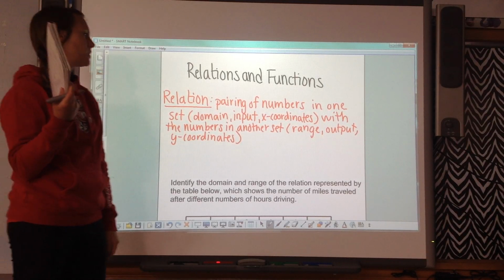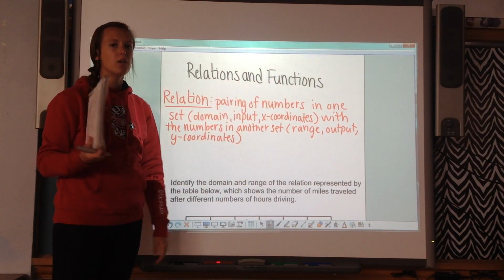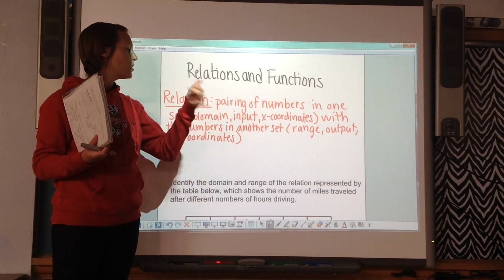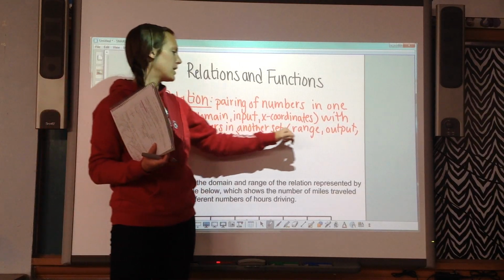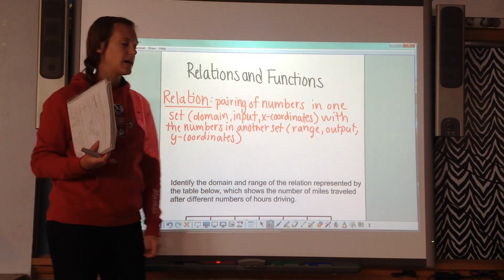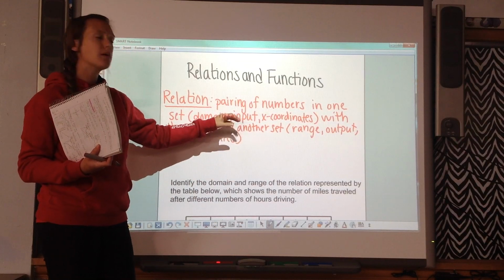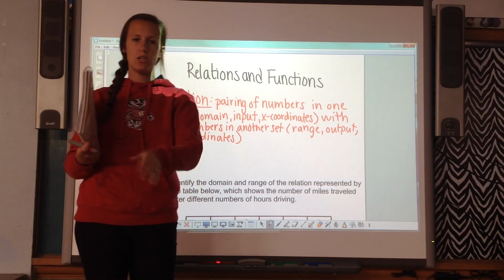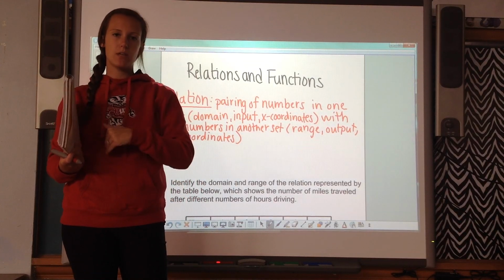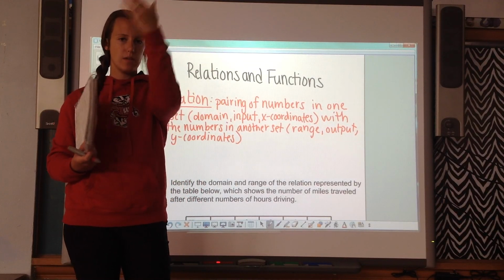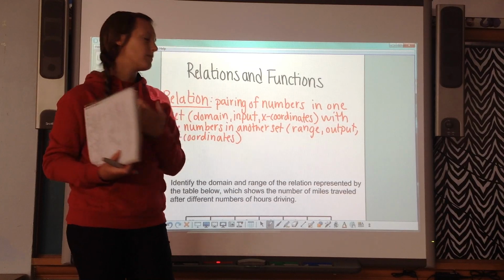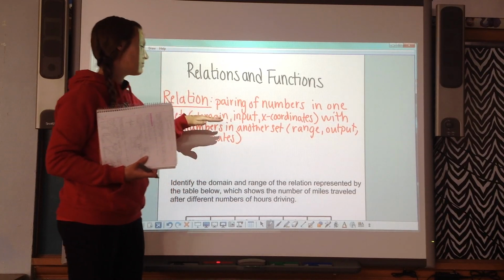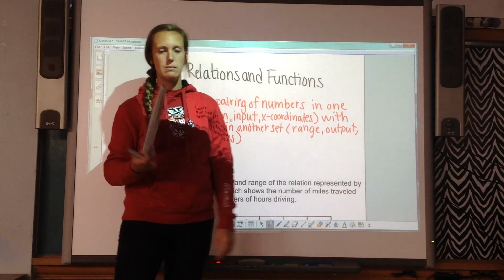Okay, so mostly when you're dealing with functions, you're going to use the terms domain and range to compare sets. You've seen them before listed as input and output. Remember, we've made those T-charts, and you'd have the inputs on one side and the outputs on the other. They would give you the inputs, and your job would be to find outputs. Well, this is the same thing. Domain and range mean the same thing.